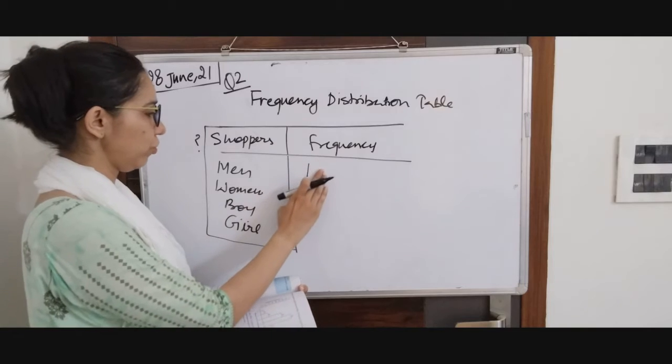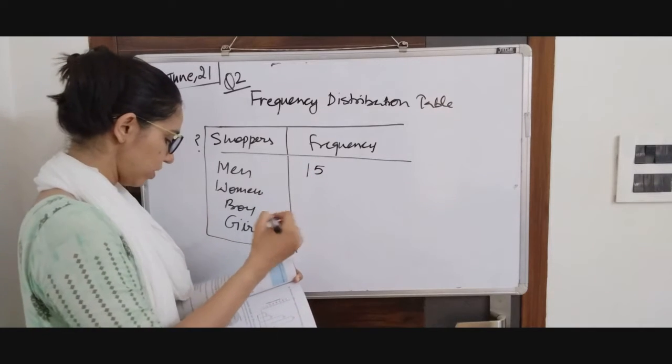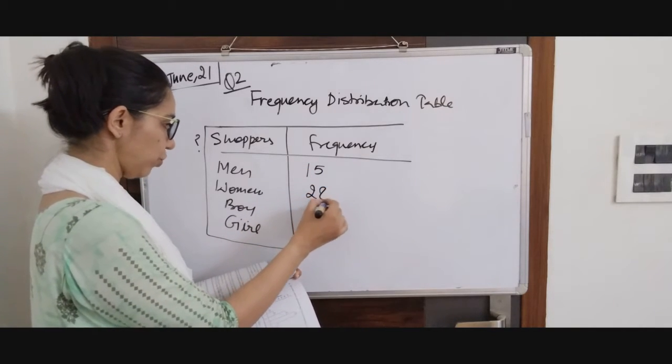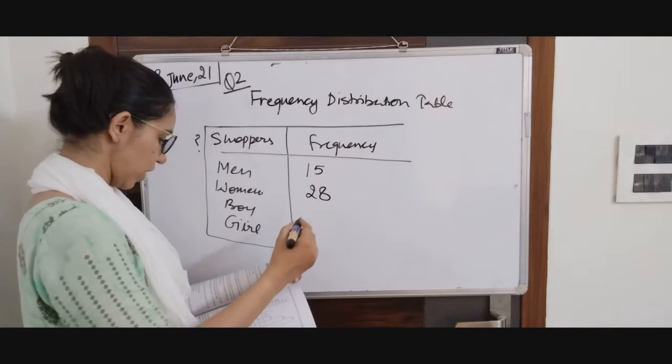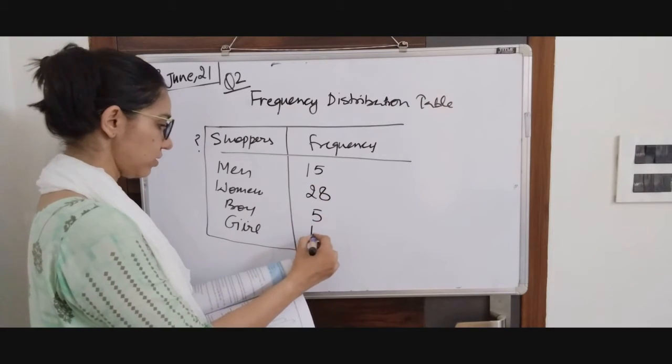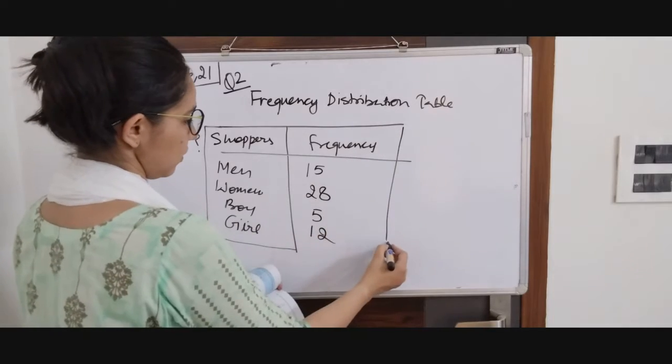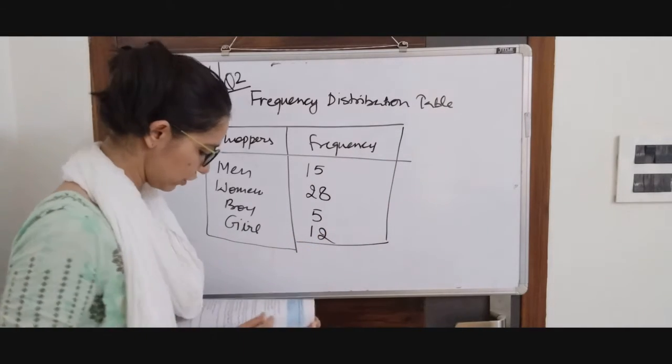Not 14, it is going to be 15 men. Women, if you count them out, it is going to be 28. Boy, they are going to be 5, and girls, they are 12 in number. So this is our frequency distribution.